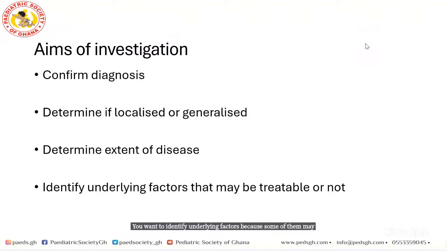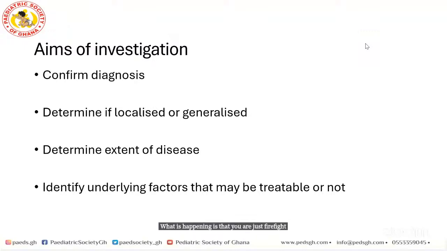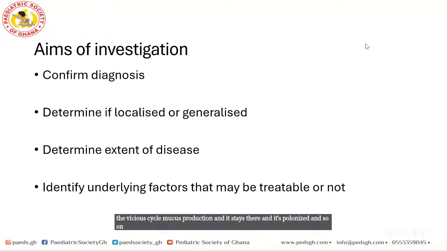If you are treating a child with bronchiectasis without treating the underlying factors, you are just firefighting, and as long as the underlying factor is untreated, the vicious cycle that Naomi described, mucus production, colonization and so on, will keep going, and you will not be winning.